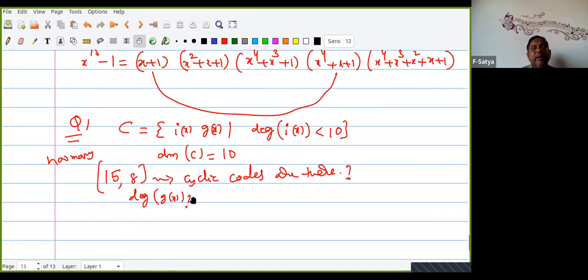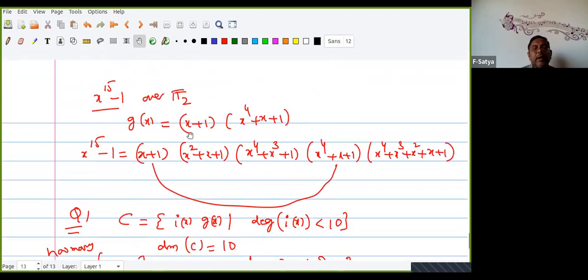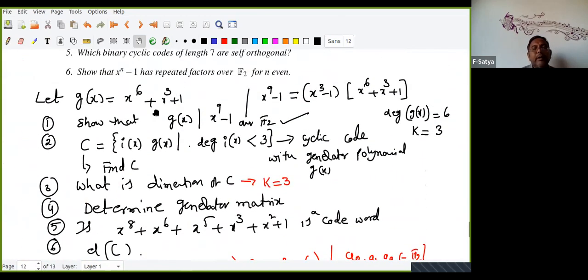So these are the questions I have. Try to find out for this polynomial, how do you find the parity check matrix? What is it you do? What is h of x? That is easy.